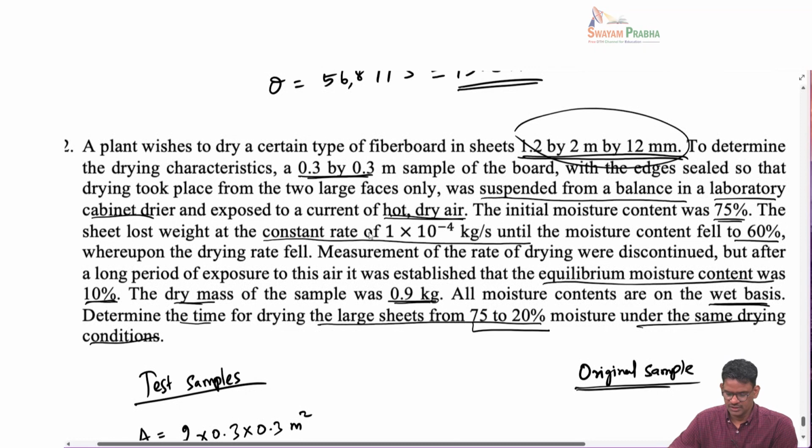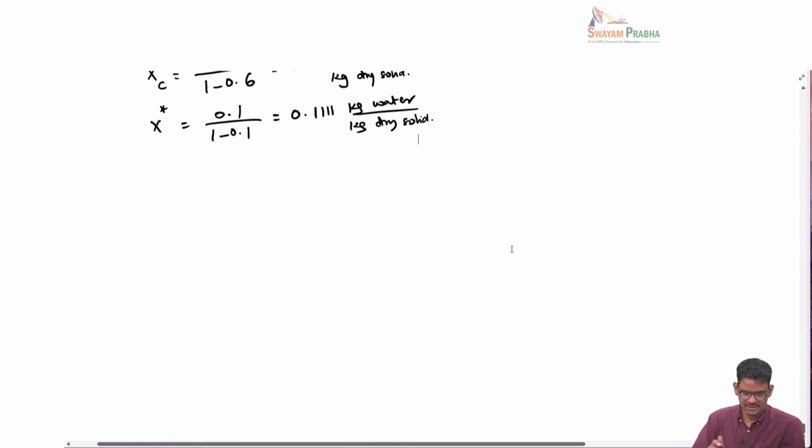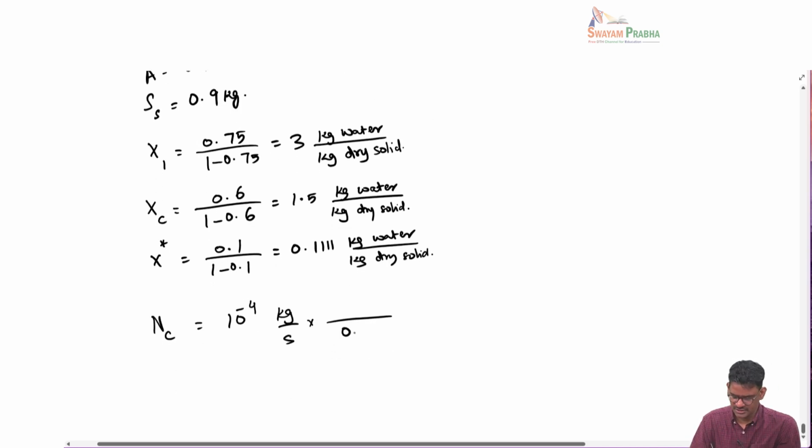Now the constant drying rate is given in terms of kg per second, so we have to convert these units. We have to divide this by the area to get it per unit area and per unit time. So NC is 10 power minus 4 kg per second, divided by the area, 0.18 meter square.